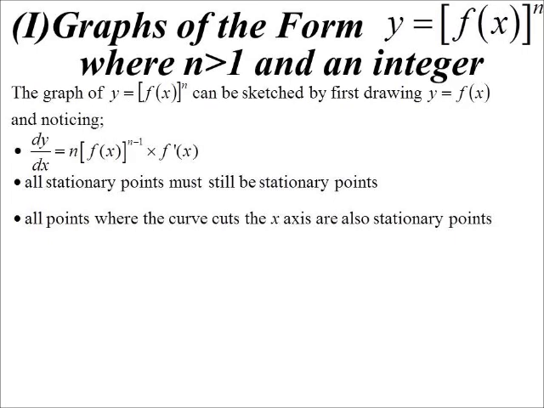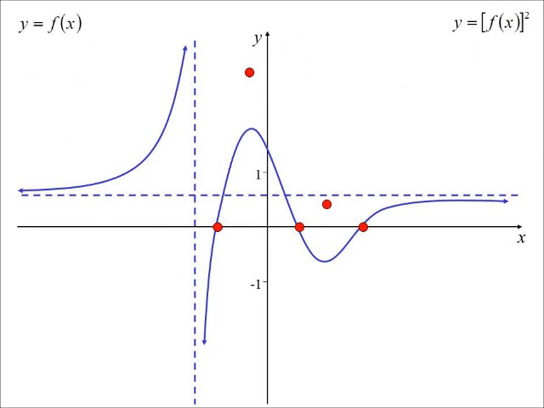So again, it must equal 0. So all of those x-intercepts will become stationary points. Now the y value will still be 0, because you square 0, you'll get 0. So we know there's going to be stationary points there. Whether they're turning points or maybe horizontal points of inflection depends on how the graph has to travel.